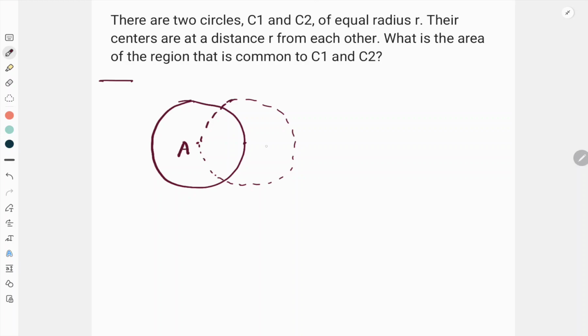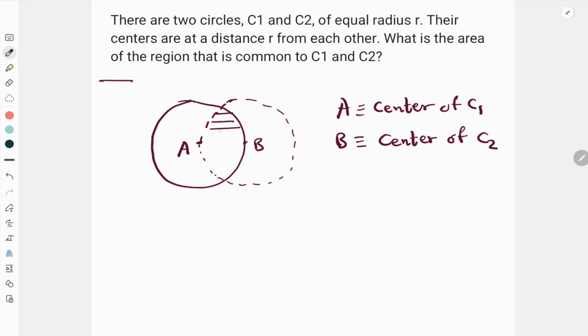So let's call this A and let's call this B. A is the center of C1, B is the center of C2, and the two circles are passing through each other's centers. So now there is this common area, it looks like a lens, and we want to calculate this area.